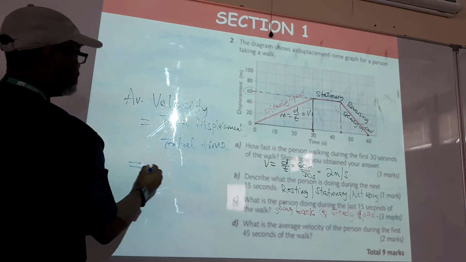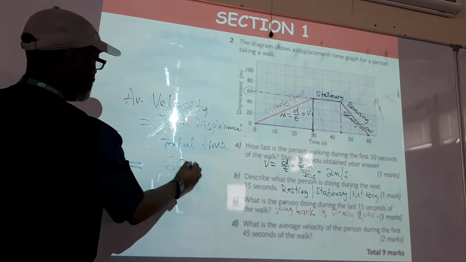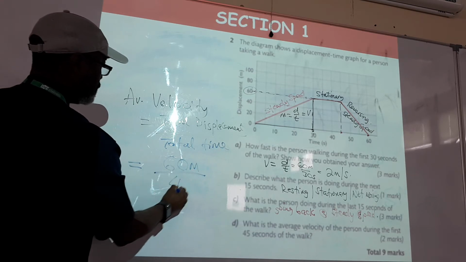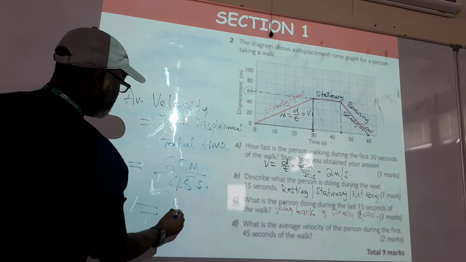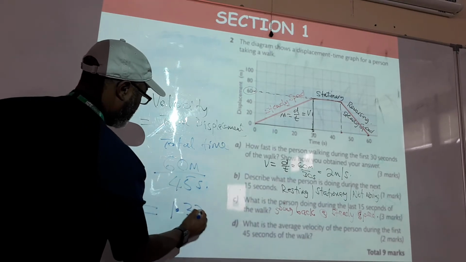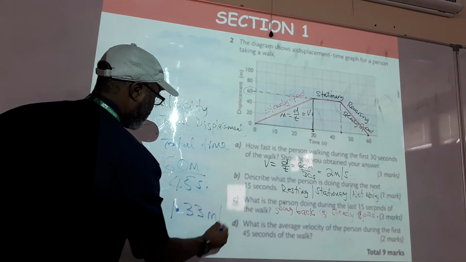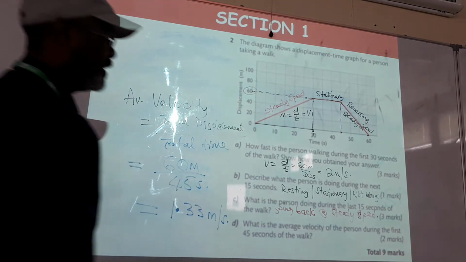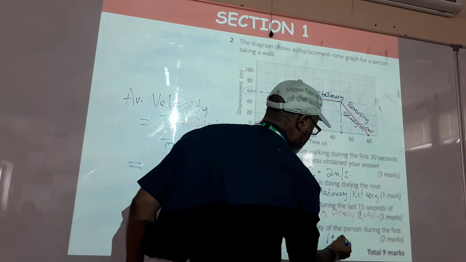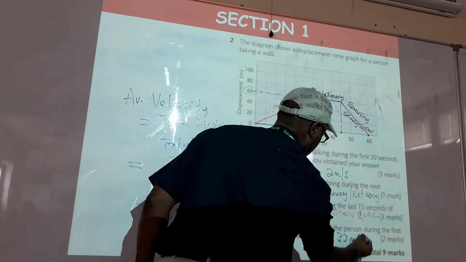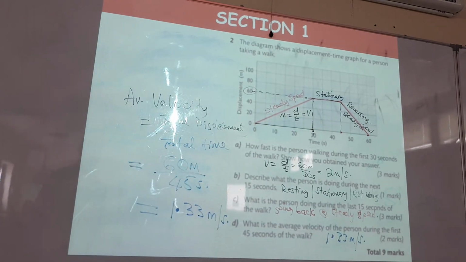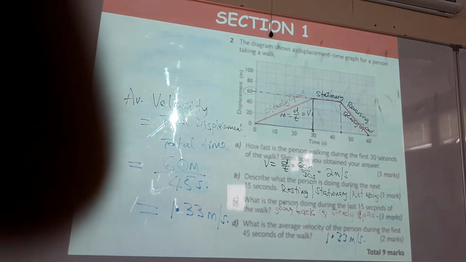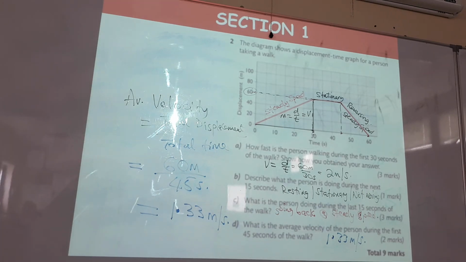Now, total displacement here will be 60 meters. Our total time will be 45 seconds. And if you work that out, it will be approximately 1.33 meters per second. And that will be your answer here. You can leave it to one decimal place, or you can leave it to 3 significant figures. And that is how you do a question like this.